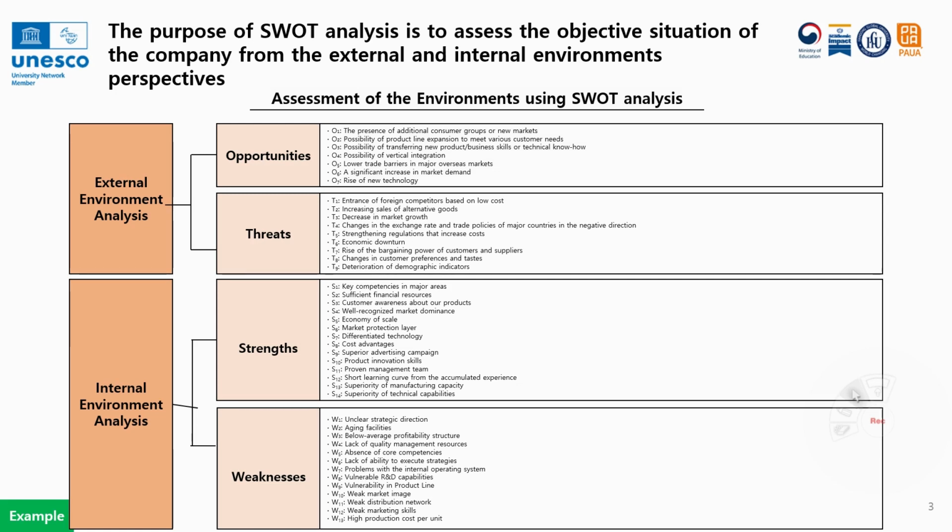Such a great development of new technologies may give a lot of opportunities to some companies who may leverage such great technologies in developing their products or services to serve the customer needs better.